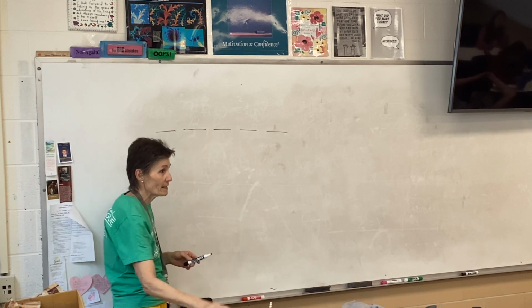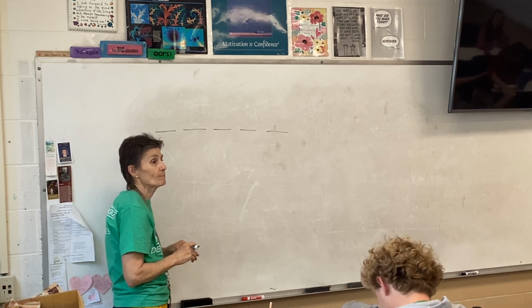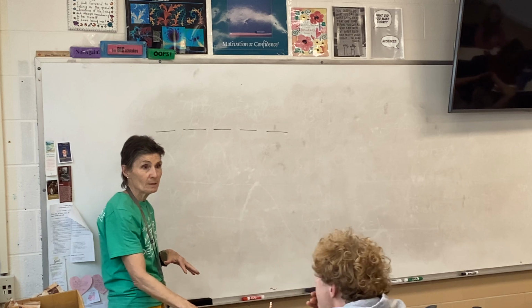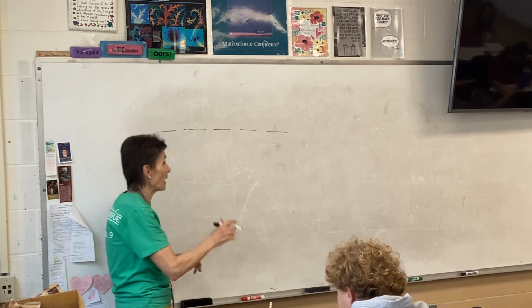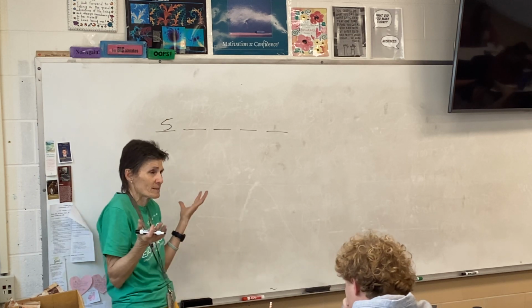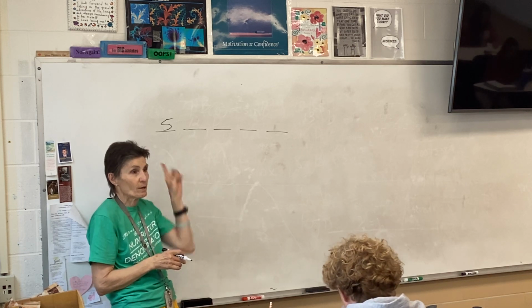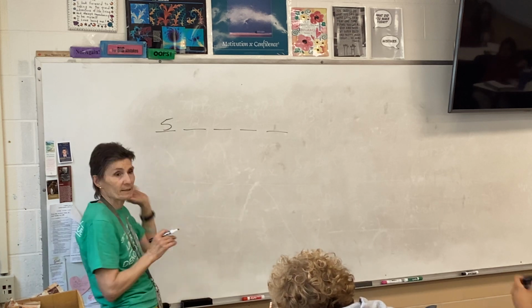How many choices do I have for that first slot? 5. Aren't there 5 books here to pick from? So I can pick book A, B, C, D, or E for that slot. I have 5 choices. That does not mean I'm putting 5 books there. I'm not. But I have 5 choices to put in that spot. So I grabbed one, I put it there.